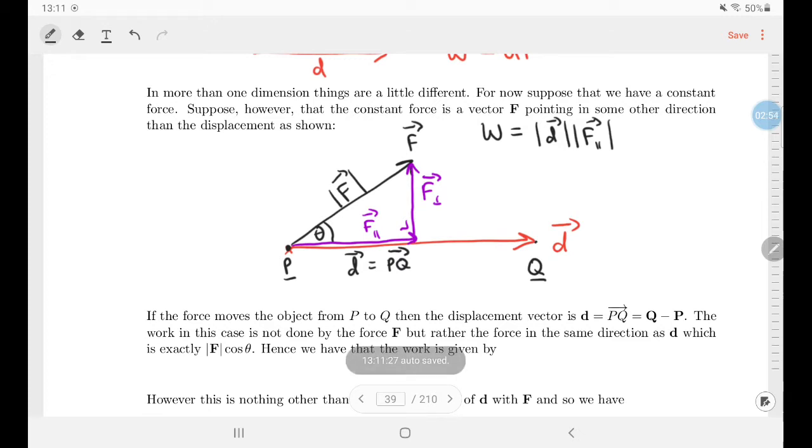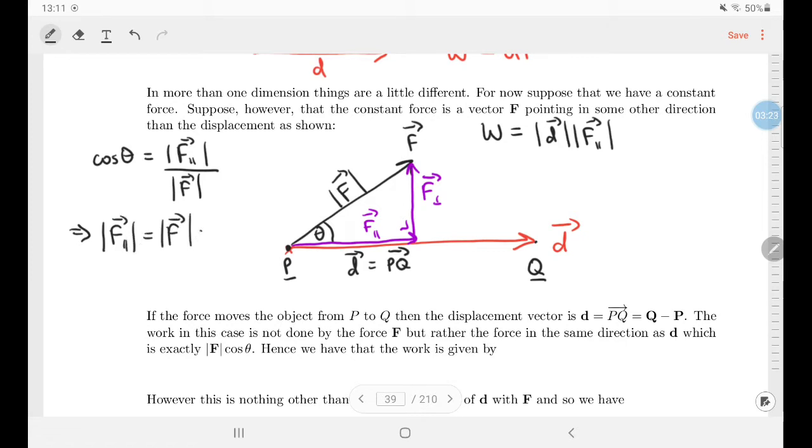Now we can find the magnitude of the parallel vector by going over on the left and doing a little bit of trigonometry. The cos of theta is adjacent over hypotenuse. Adjacent to theta is the magnitude of the parallel force, divided by the hypotenuse, which is the magnitude of the force. And so, by multiplying both sides by the magnitude of the force, the magnitude of the parallel part of the force is the magnitude of the force times the cos of the angle.